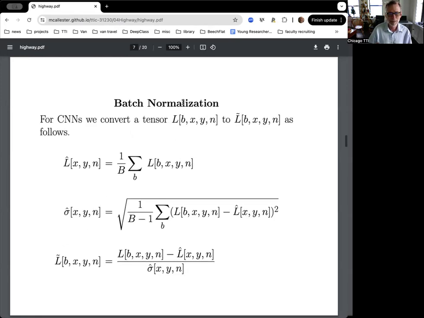Now, this batch normalization is per neuron. Okay, so for each neuron, for each position in the image, it's computing a mean and a standard deviation. And here the neuron is really at a position in the image.